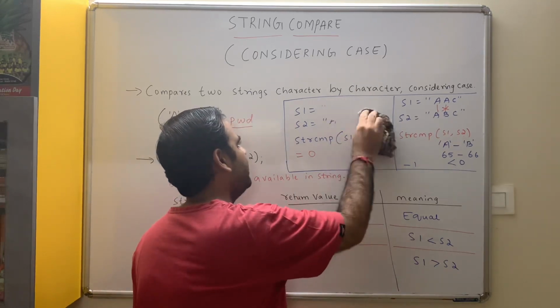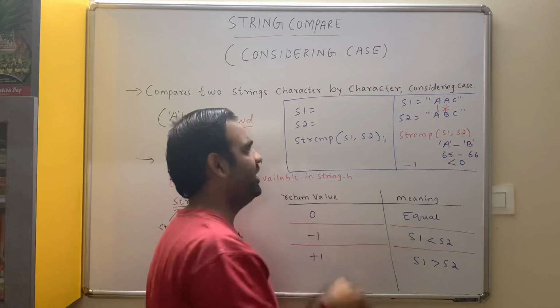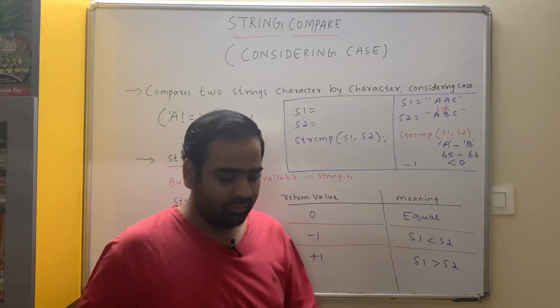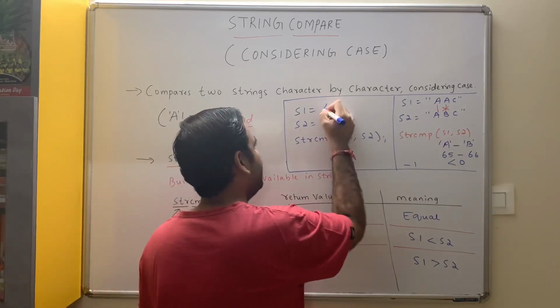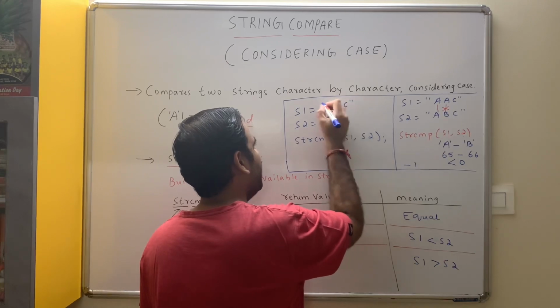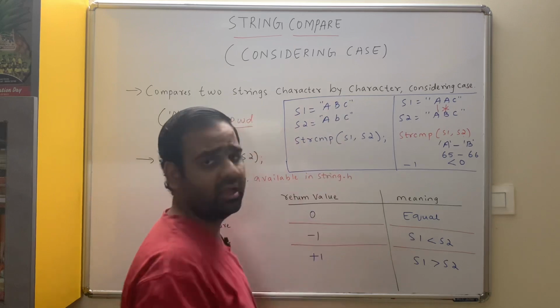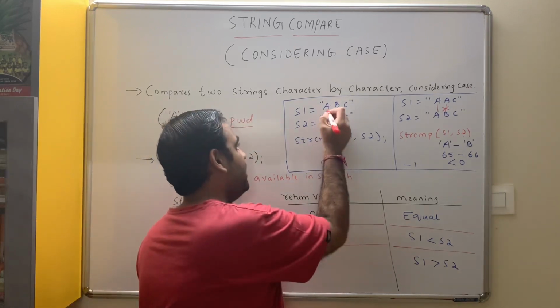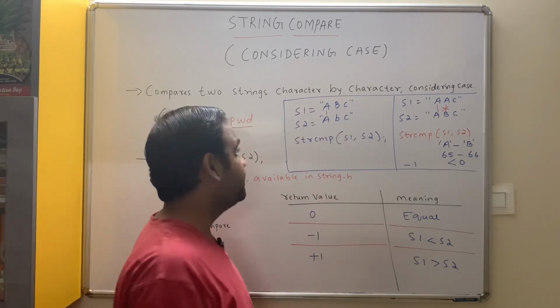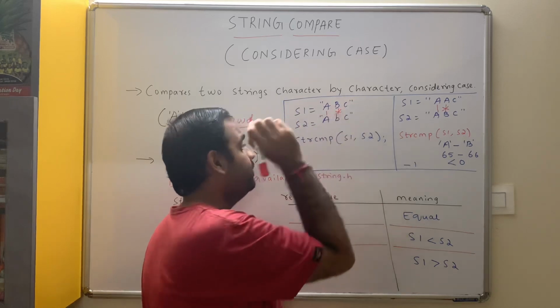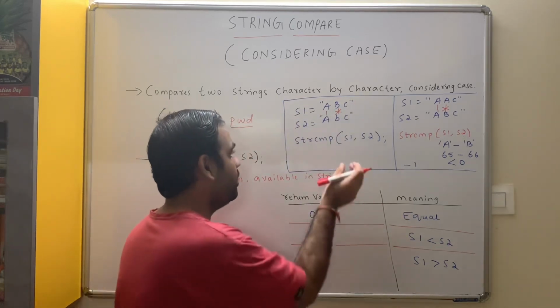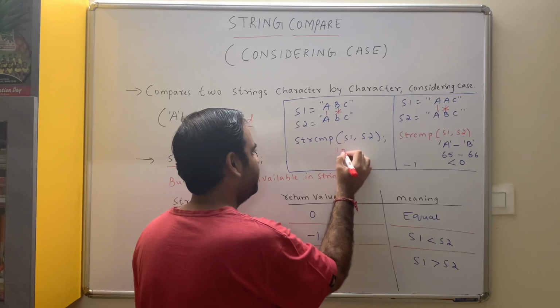Let's take some more examples and try to find out how the string compare works. Now if I say s1 is equal to aBc and s2 is equal to abc. Now this is considering the case. Now compare, is a equal to a? Yes, a is equal to a. Is b equal to b? No. This is the first point of mismatch. You stop. What is the first parameter here?